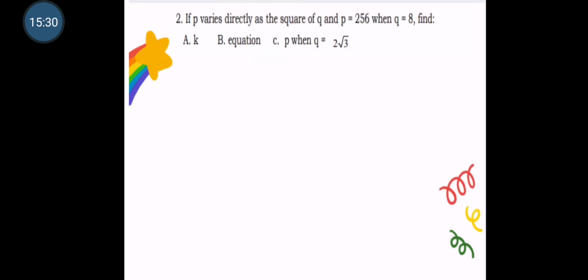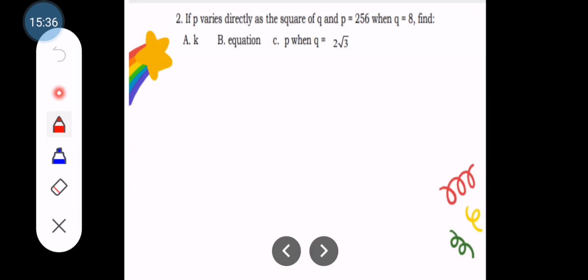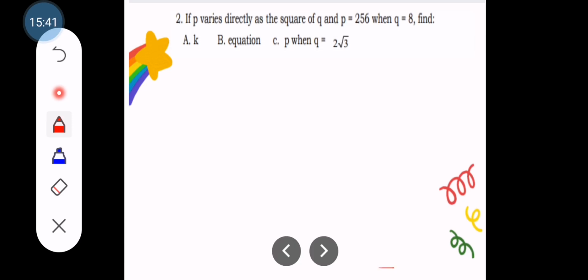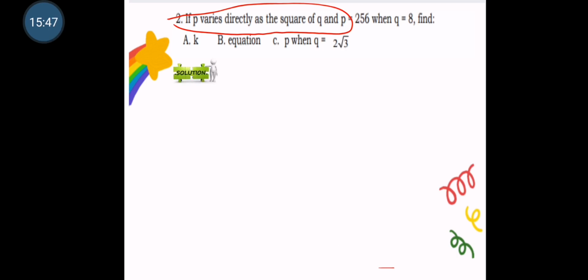Okay. So, second example. P varies directly as the square of Q. Unahin ulit natin yung reminder ko. Kailangan po ay i-translate muna natin ito into equation. Since p ang ginamit dito, p yung variable na gagamitin natin.